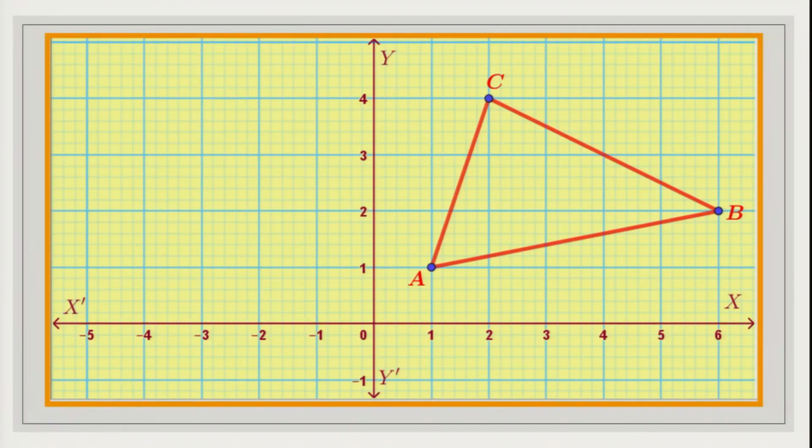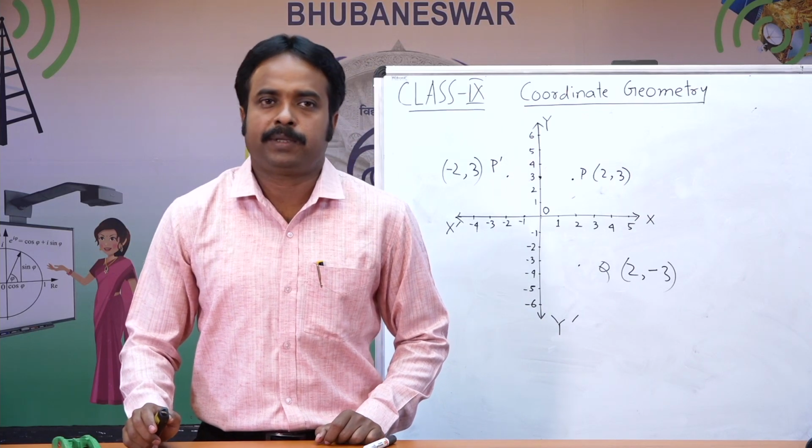We want to find the image of this figure with respect to the y-axis first. To get the reflected image of this figure, we first have to find the reflection of all the 3 vertices with respect to the y-axis. That means we need the coordinates of the points A, B, C.